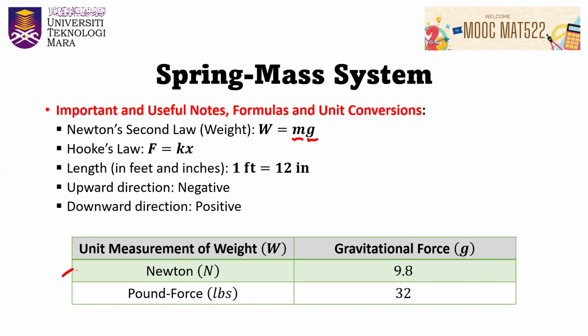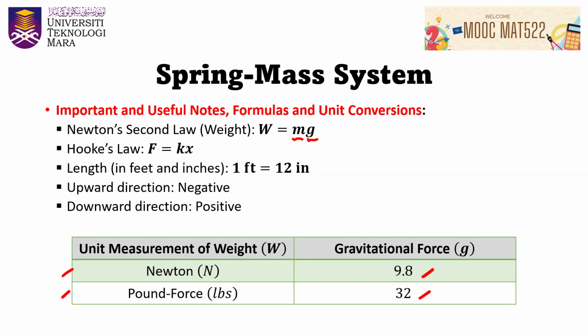If the unit of weight is in Newtons, then the associated g will be 9.8. On the other hand, if we consider pounds as the unit of weight, then the associated g will be 32.